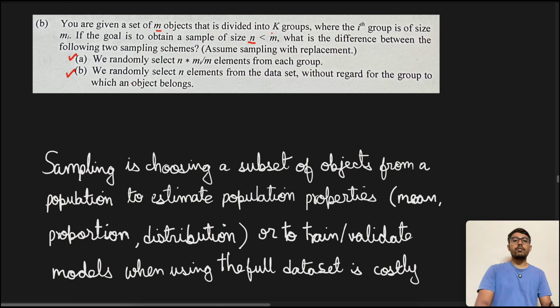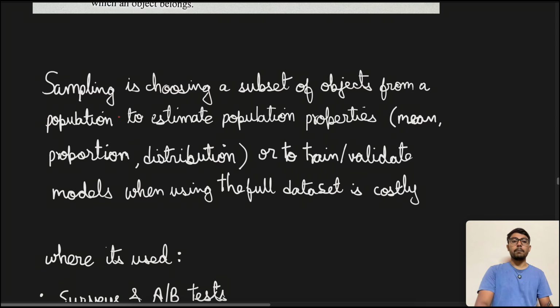Okay. So, for that, first we will look at what sampling is. Sampling is basically choosing a subset of objects from a population to estimate population properties like mean, proportion, distribution, right, or to train or validate models when using the full dataset is costly.